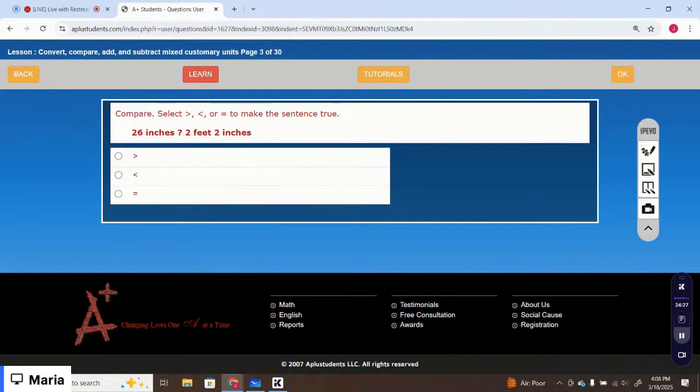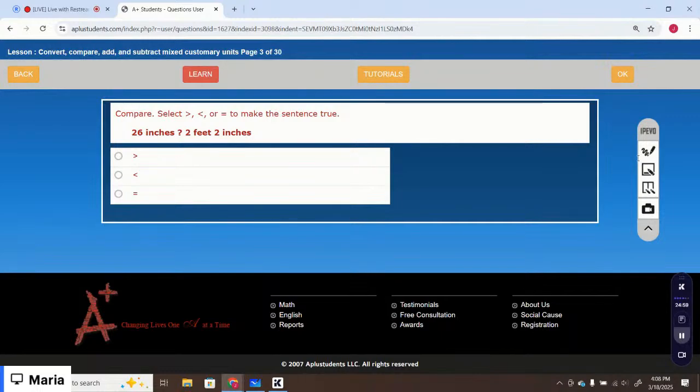Okay, 26 inches, 2 feet 2 inches. So convert them all to inches, either inches or feet. So you have to convert from feet to inches. 1 foot equals 12 inches.